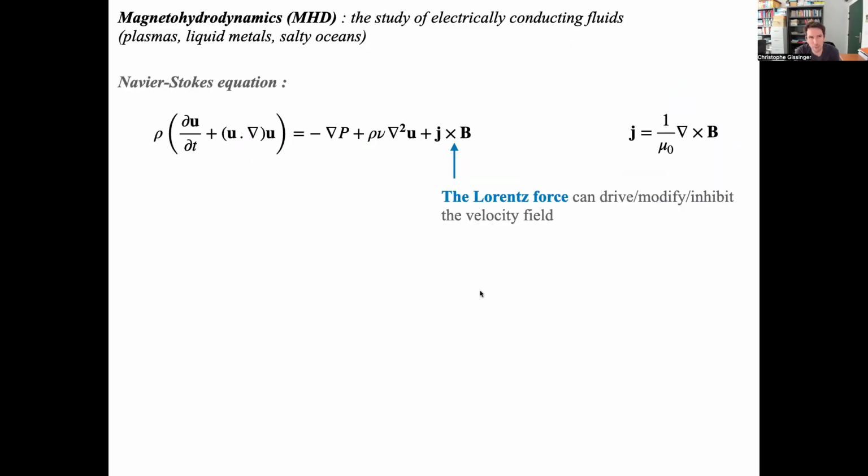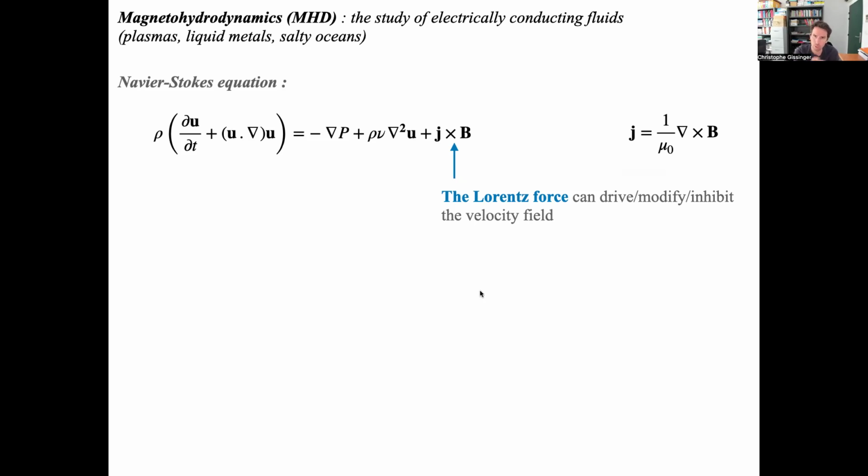I will also be discussing a little bit about magnetohydrodynamics. I'm assuming that most of you know what it is about, but let me summarize in one slide what it is. MHD is the study of electrically conducting fluids.